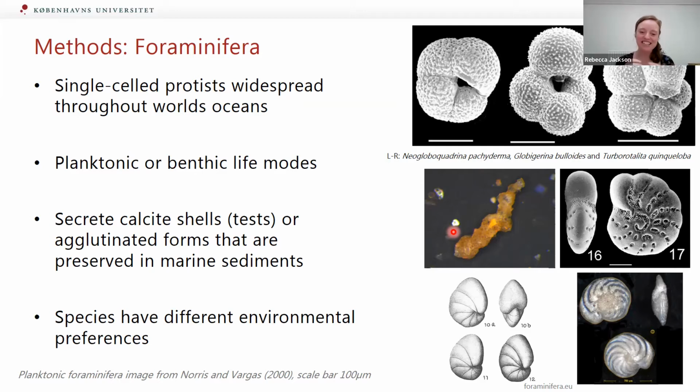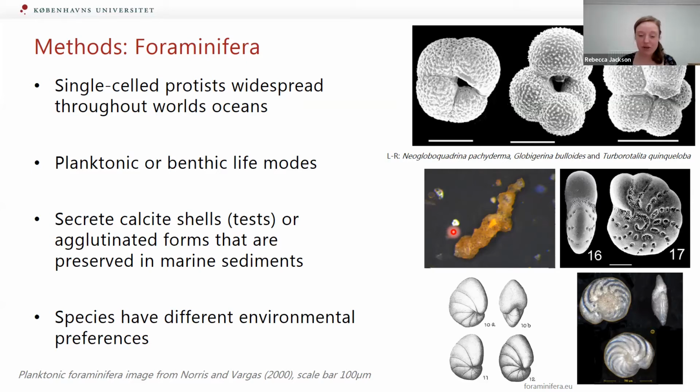This is an agglutinated foraminifera. So rather than producing its own calcite shell, it just produces a bit of cement, which then sticks together all the grains from the surface that it lives on. So it scavenges the grains that then form its tests. So these are particularly beautiful, I would say, but that's my own personal opinion.